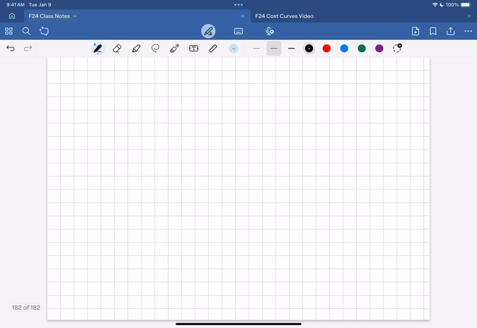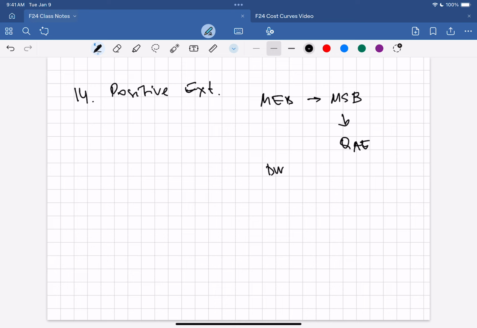Then we have positive externalities, that would be class 14. Again, you have marginal external benefit in this case. You should be able to figure out how to get marginal social benefit, then find the point of allocative efficiency, and figure out what deadweight loss is if we don't do anything to correct this market, because remember, it will just stay at the market equilibrium and ignore this external benefit, and in this case we will have underproduction.